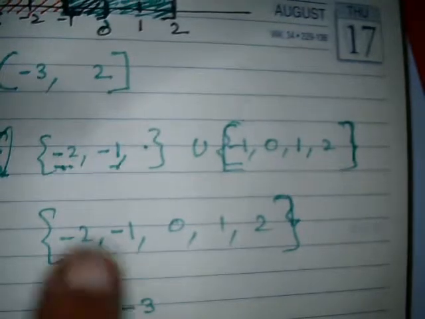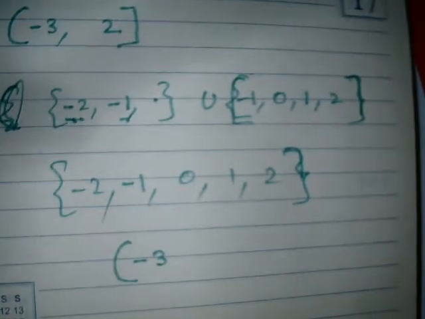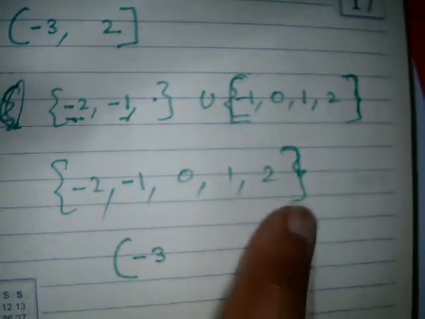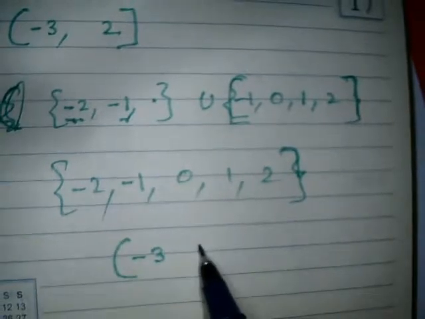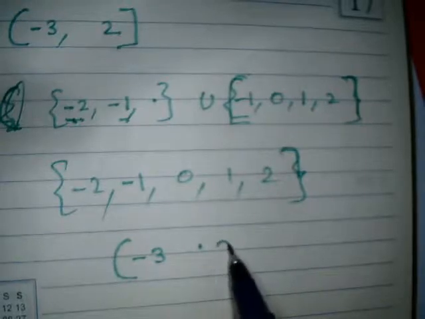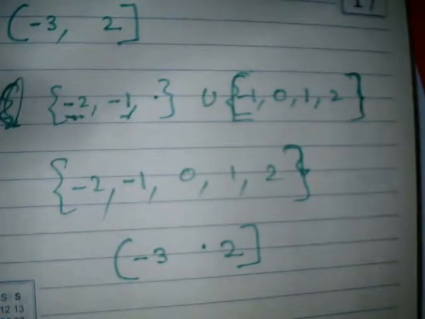And over here 2 is included, so what can you write? You can write 2, or otherwise you can write 3 and open bracket, but I am going to write 2 over here, and on 2 it is going to be a close bracket. So this is one way you can write, and another way, with the help of the number line, you can also represent it, correct. Now one more example I'll show you.